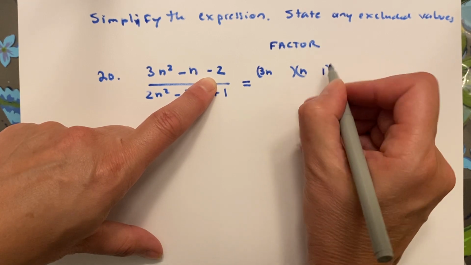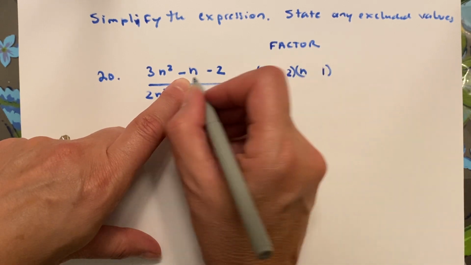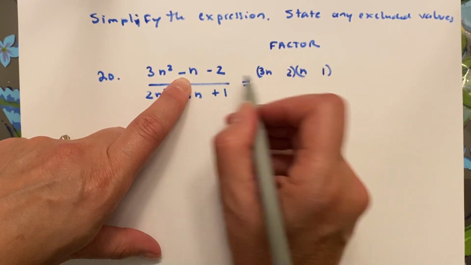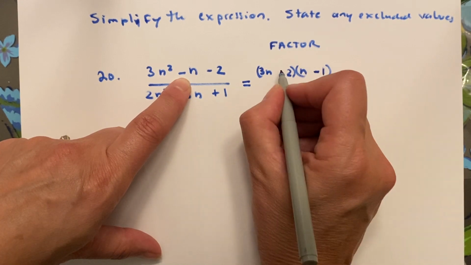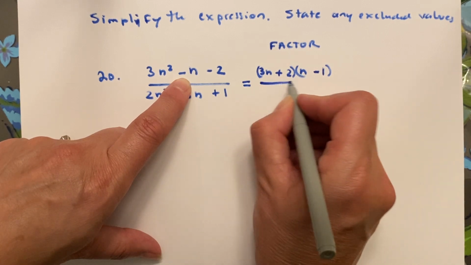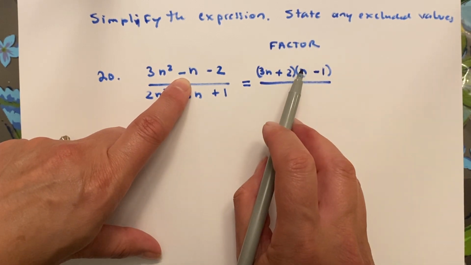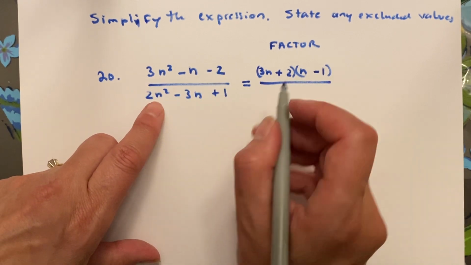If I put a 1 here and a 2 here, the difference is 1, which makes sense. I want the bigger number to be 3 minus 2, so I'm going to put a negative 1 here because I get negative 3n, positive 2 there because I get a positive 2n. And if I remultiply it, I can get this back, so you can always know if you've done it right.